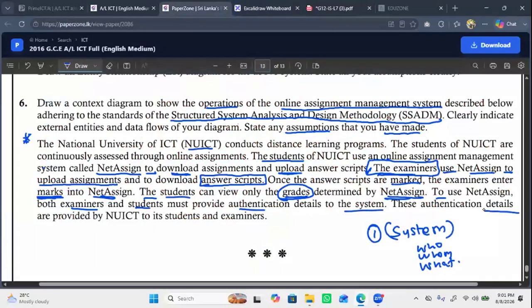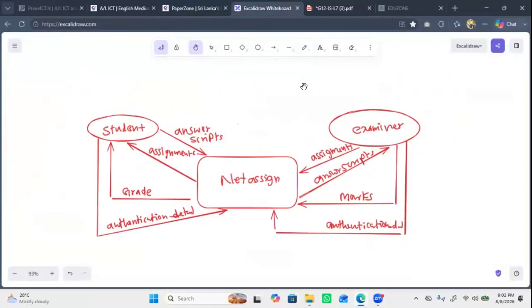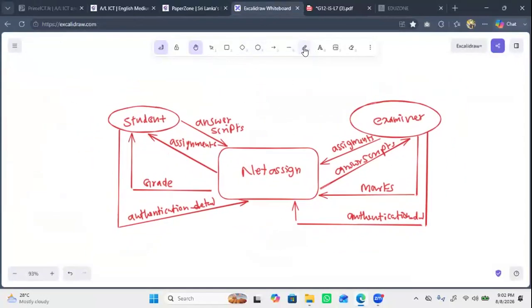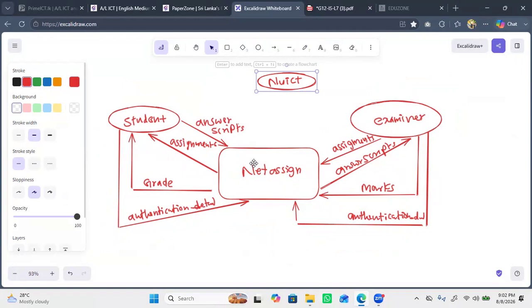These authentication details are provided by the NUICT to its students and examiners. Who is giving this to the students and examiners? NUICT. What is NUICT now? An external entity again. No one else, like the Eduzone College admins, and like that NUICT also has admins. NUICT is also an external entity, kids.